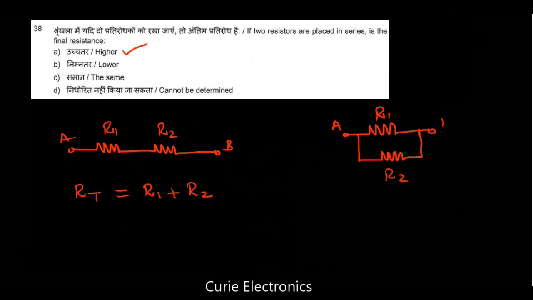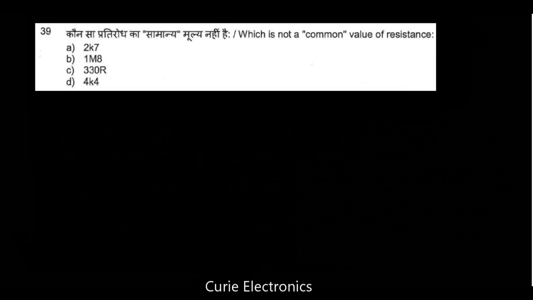Between A and B, what is the resistance? So RT equals R1 R2, the product of these 2 resistors, upon R1 plus R2. So that is the resistance. But actually, what happens to the resistance? It decreases.